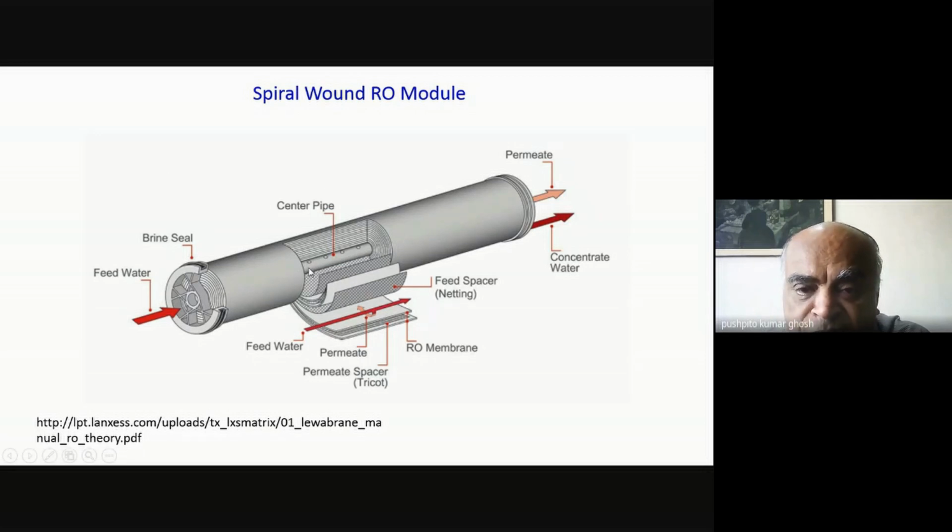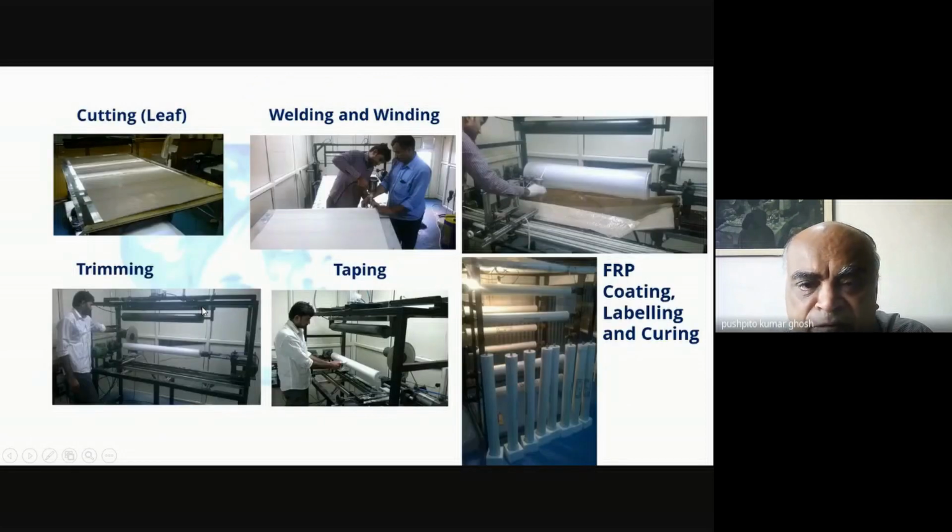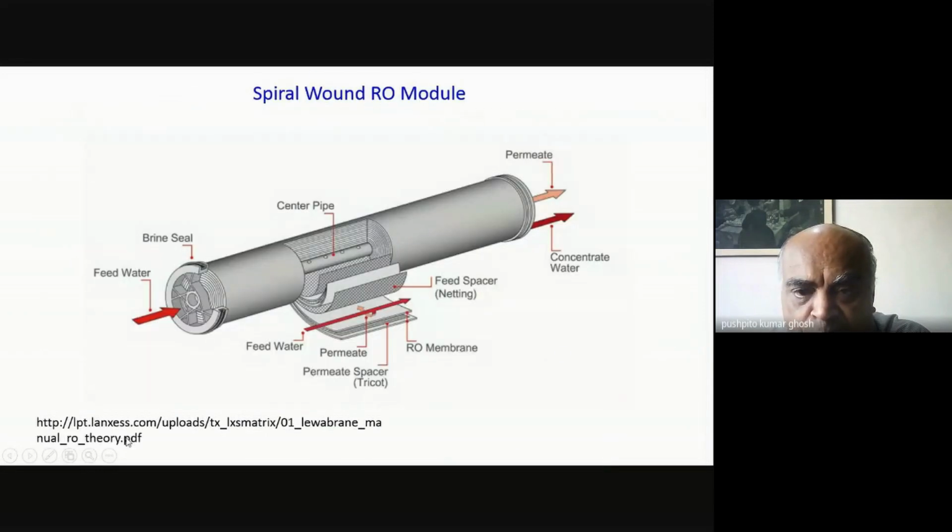So your permeate is coming out from here, and the reject water is coming out from another port, the concentrate, and this is your entry of the feed water. So effectively this whole thing is really to produce this kind of a module with many of these sheets. That's what is being done.